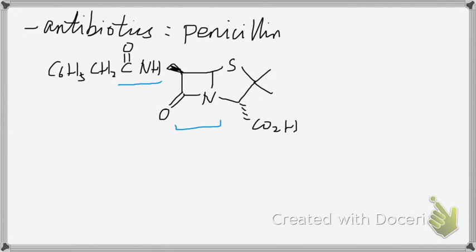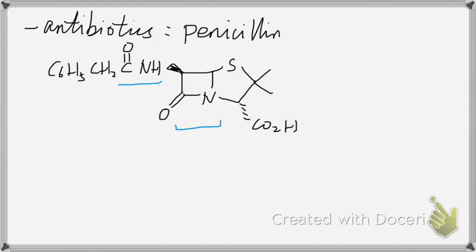So previously, when we talked about the lactones, we mentioned the gamma lactones and the delta lactones. Those are the 5-membered ring and the 6-membered ring cyclic esters. We will have the similar lactam. 5-membered ring lactam will be called gamma lactam, and the 6-membered ring delta.